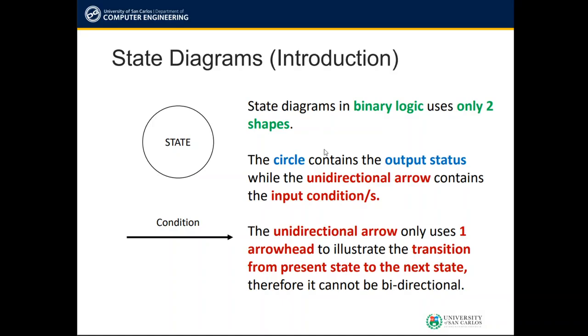The circle contains the output status, while the unidirectional arrow contains the input conditions. Just to clarify, the unidirectional arrow only uses one arrowhead. This illustrates the transition from the present state to the next state. Therefore, it cannot be bidirectional.